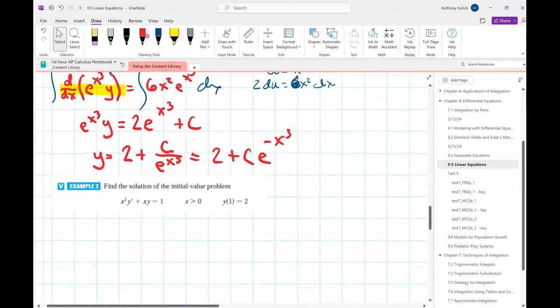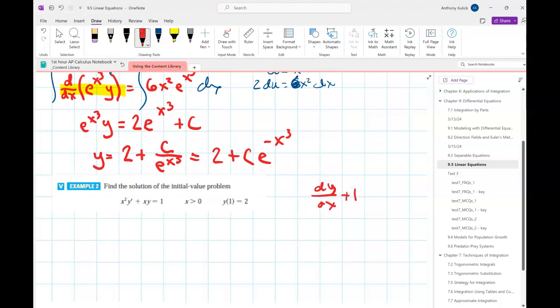So this is the same kind of problem, but notice we've also given an initial value, so we're going to be solving for c at the end as well. Right now, is this currently written in that linear form? Is my differential equation in that linear form?